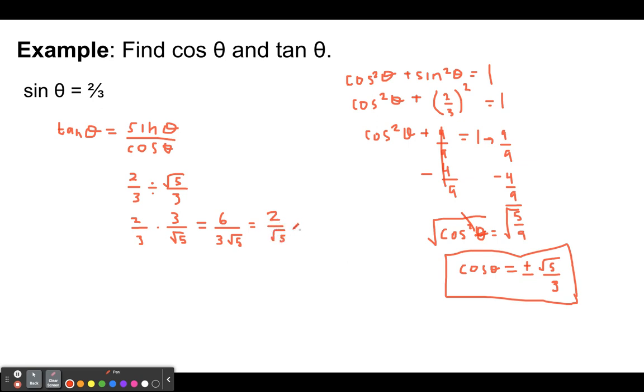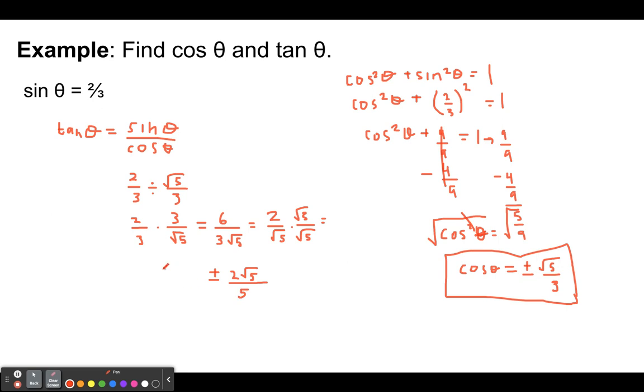But just remember how we cannot have square roots in our denominator. So we're going to multiply by the square root of 5. And that's going to give us plus or minus 2 square root 5 over 5.